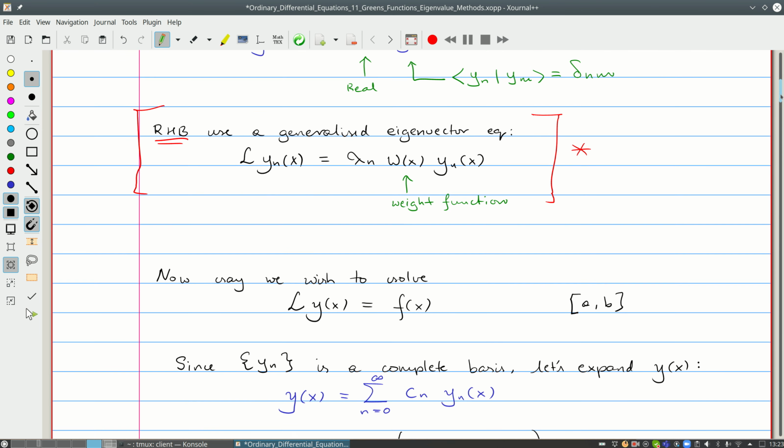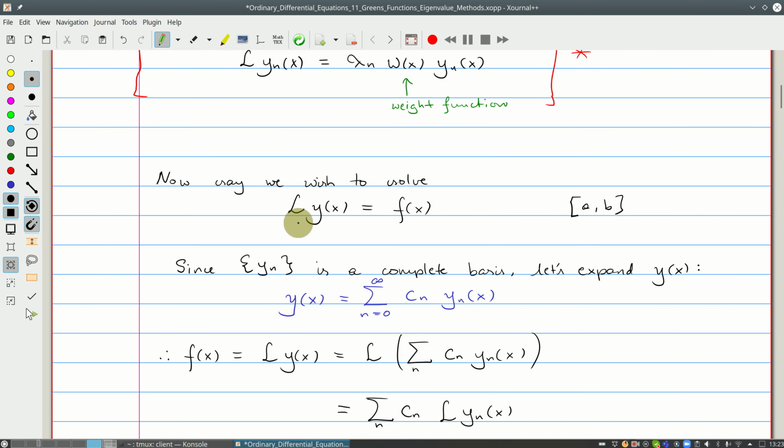All right. Now we wish to solve this equation: L operates on y to give you f in some range a to b. Now, because this infinite set of functions yn forms a complete basis, let's expand the solution y of x in terms of this basis. So we have y of x is equal to a sum.